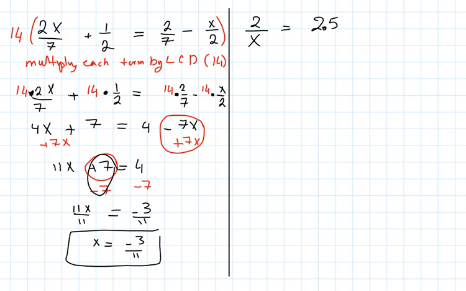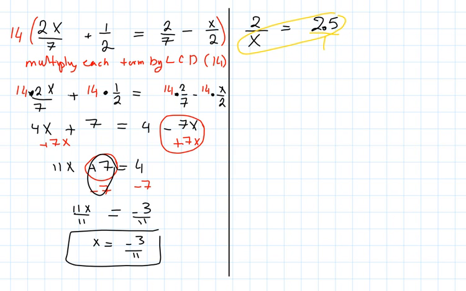So let's look at the next problem here. We have 2 over x equals 2.5. The easiest way to do these problems is, there are two solutions. I'm going to do both of them. So the first one is you can switch the x with the 2 over 2.5, because technically this is over 1.